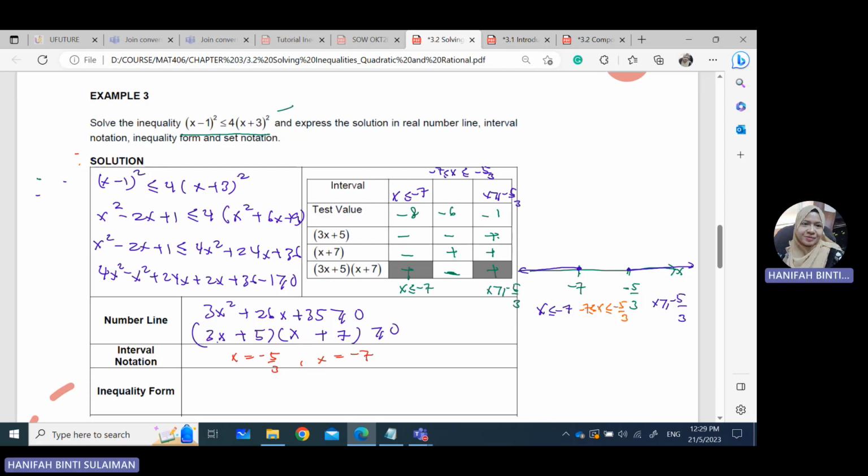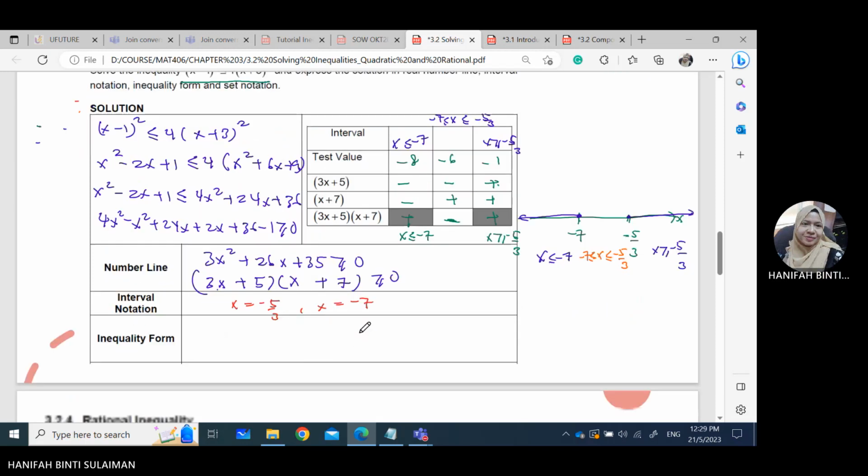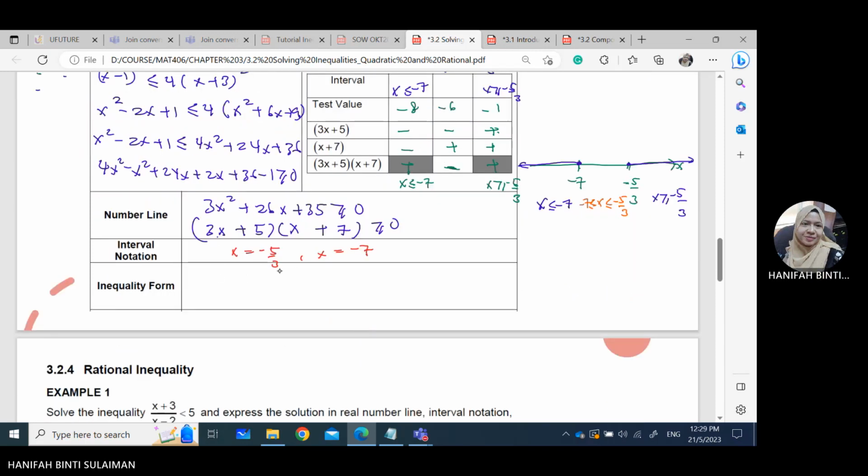So in inequality form, x less than or equal to negative 7 union with x greater than or equal to negative 5/3. So in interval notation, negative infinity to negative 7 union with negative 5/3 to positive infinity. Okay, boleh?